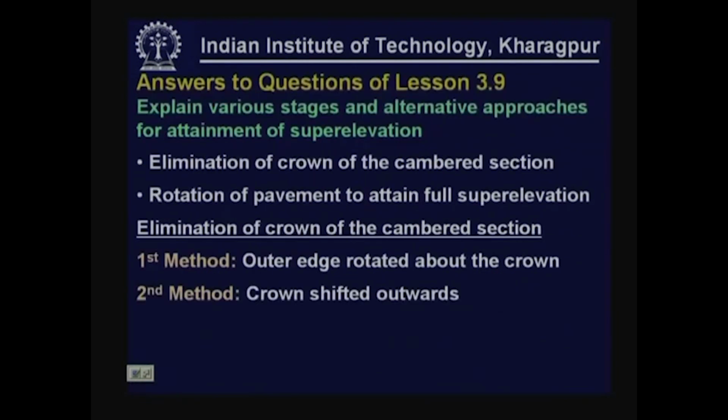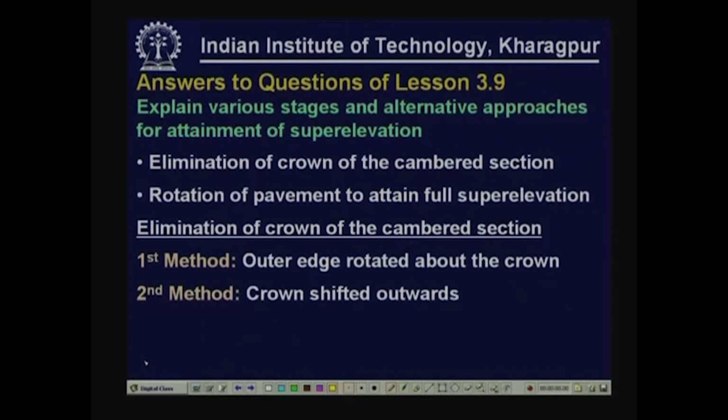Now, let me try to answer the questions of lesson 3.9. The first question was, explain various stages and alternative approaches for attainment of super elevation. Basically, there are two stages. The first stage is elimination of crown of cambered section. This is the normal cambered section.